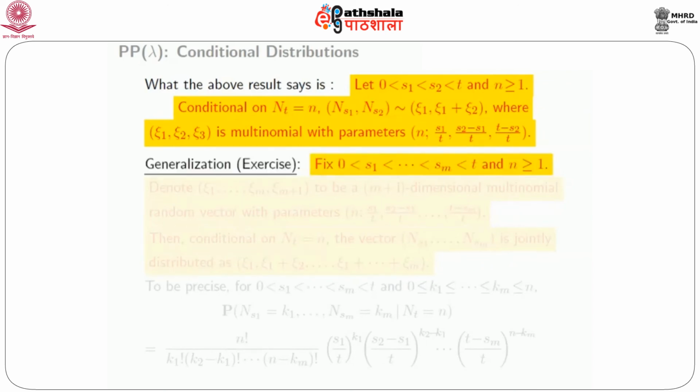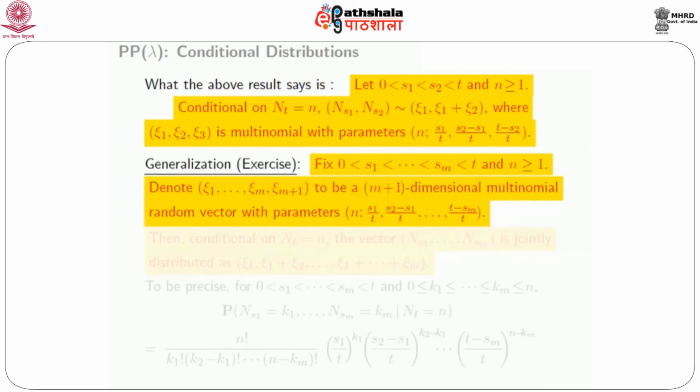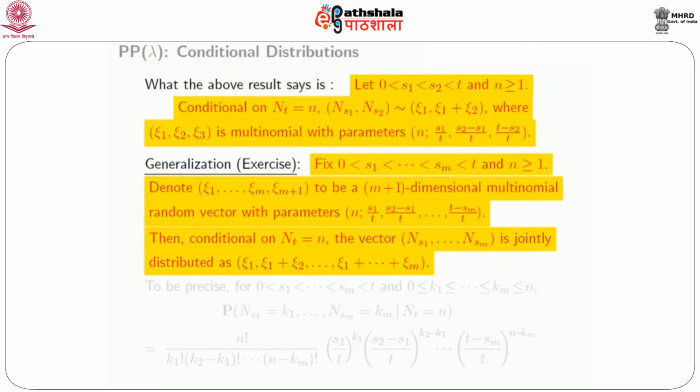So look at a three-dimensional multinomial distribution with these parameters. Then look at the random variables (xi1, xi1 plus xi2). The joint distribution of (xi1, xi1 plus xi2) is exactly the joint distribution of (N_s1, N_s2) conditional on N_t equal to n.